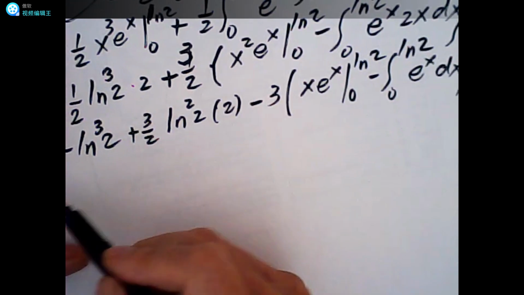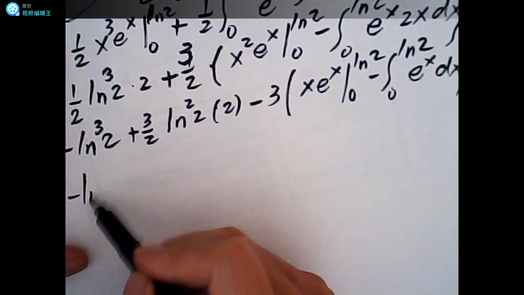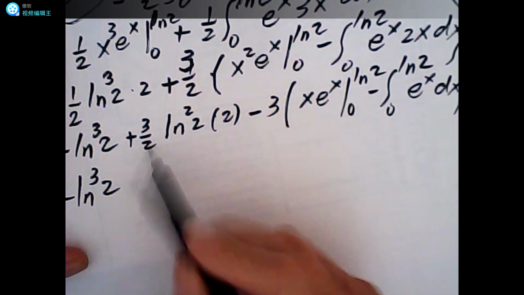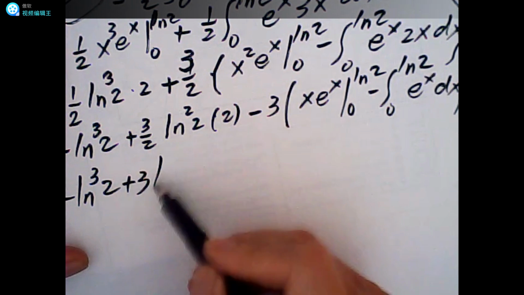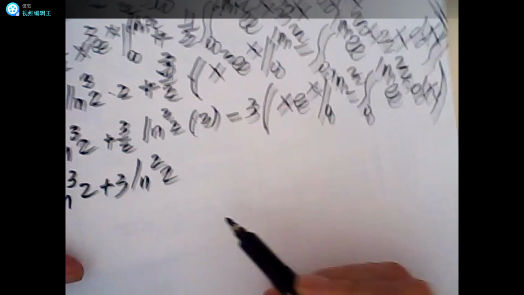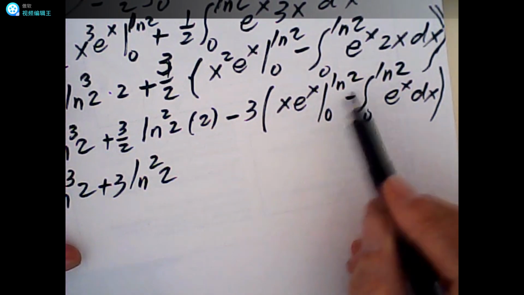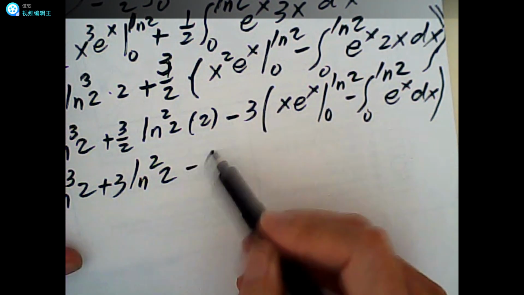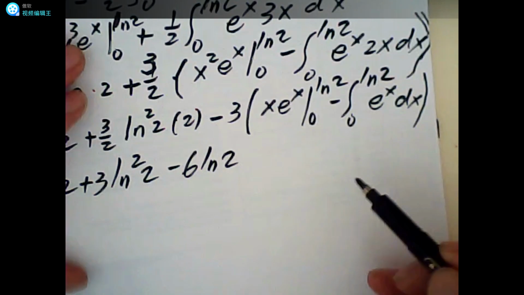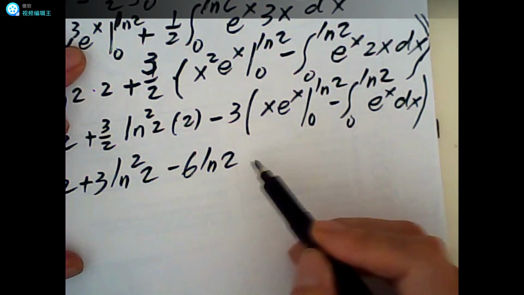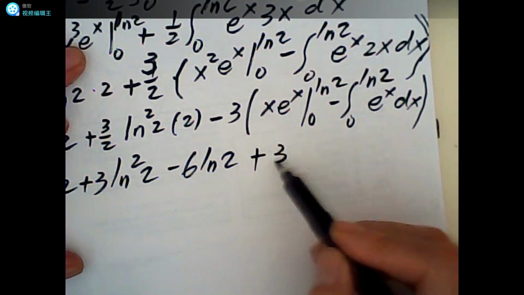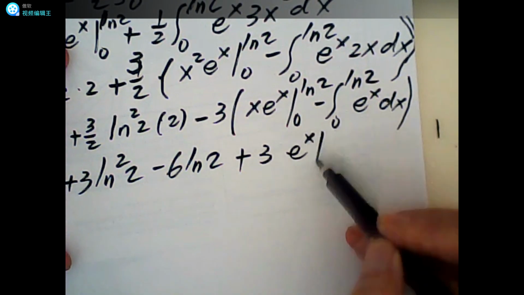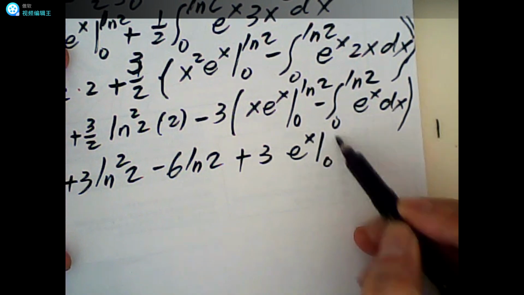Yeah, I have to be very careful. So this is minus cube of log 2. This to cancel with that one is 3 log square 2. Now this will be, this is 2, right? This is 6, minus 6 log 2. Yeah. And this will be plus 3. This is e to the x from 0 to log 2.